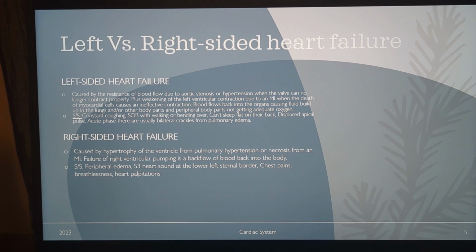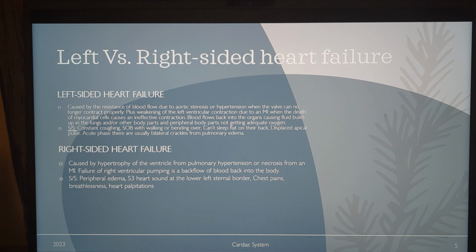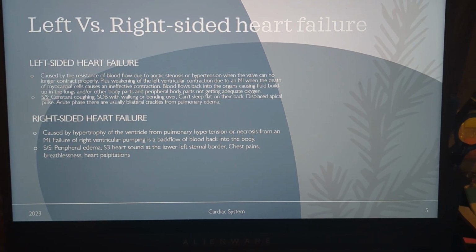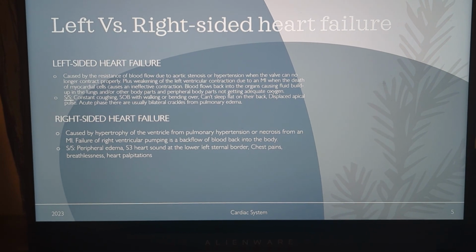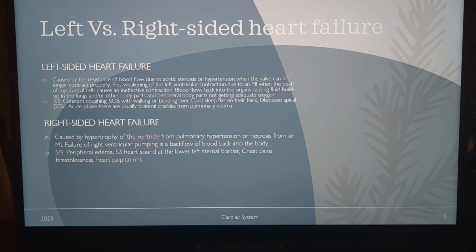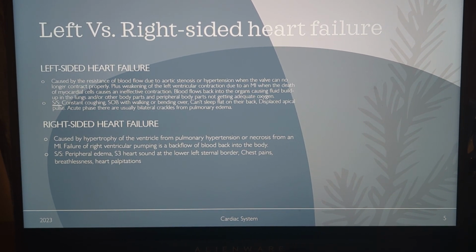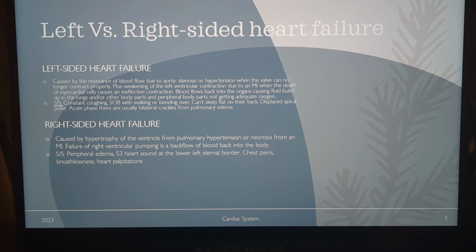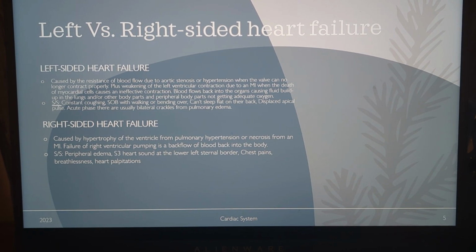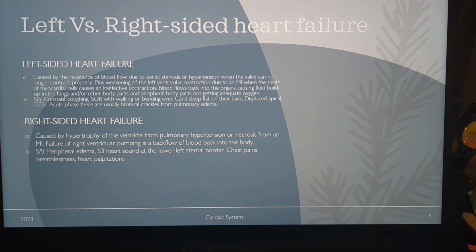So instead of like the left-sided heart failure where the blood and fluid buildup is in the chest and lungs, on the right side it will be in the peripheral body parts. So like the most common place is the legs. That's where you're going to see it the most. So other signs and symptoms would be the S3 heart sound at the lower left sternal border, chest pains, breathlessness, and heart palpitations.